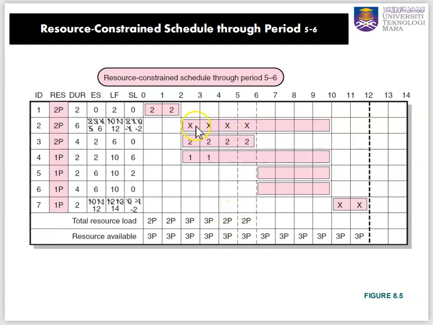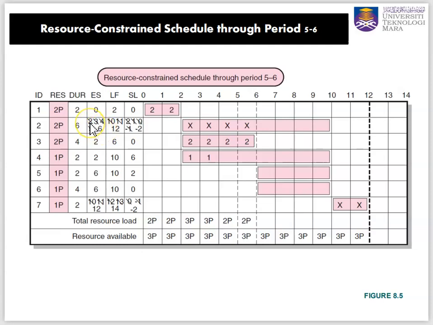So at any day from day 3 to day 6, we cannot run activity 2. That means activity 2 is delayed by 4 days. The earliest it can start is at the end of day 6. So that's why the earliest is at the end of day 6. If you see the slash number here, it increased to day 6.